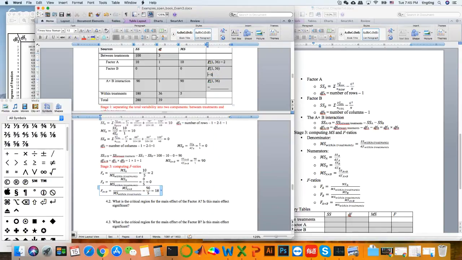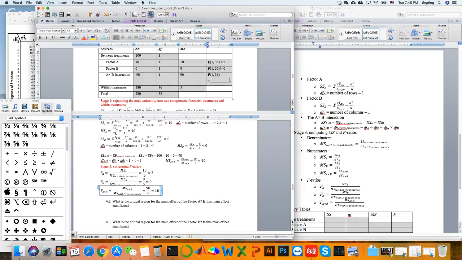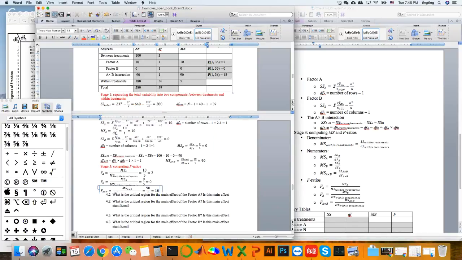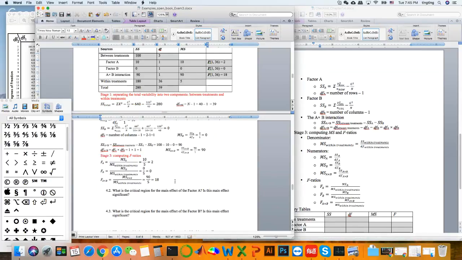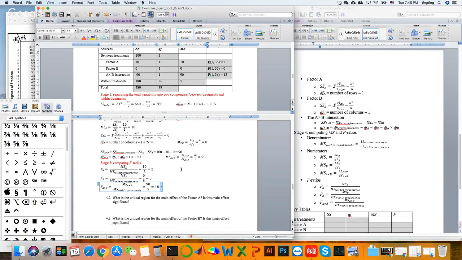So this one is 0. This one is 18. Yeah, we're done for this table.